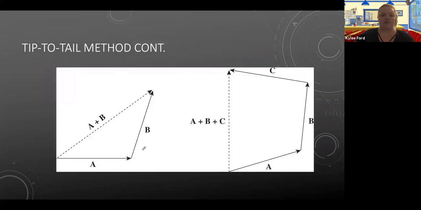I wanted to show you this in a little bit of a better structure here. I don't have the greatest drawing skills when it comes to not a pencil and paper. So here again, I have A and B added together to make my resultant vector.